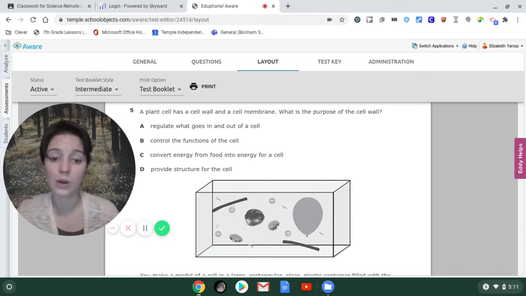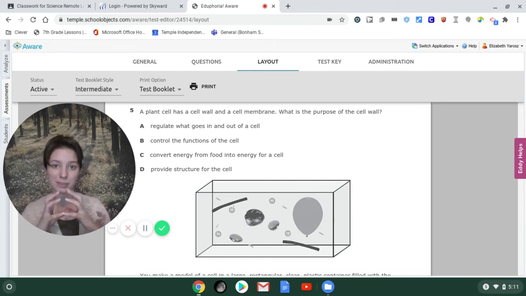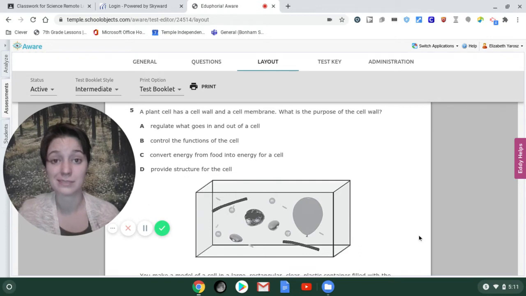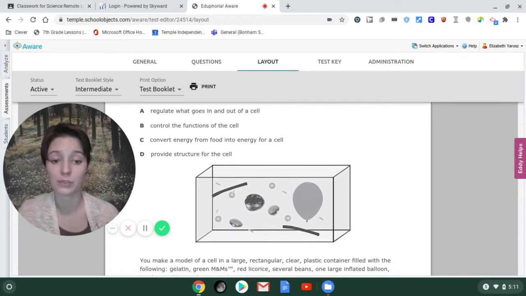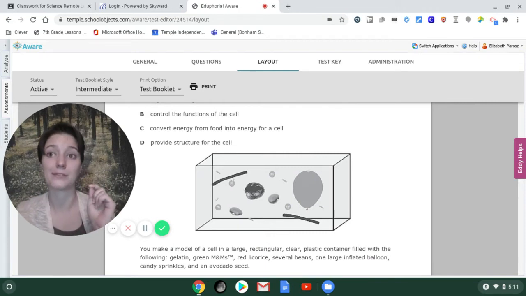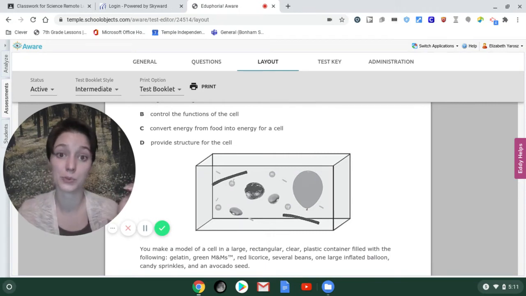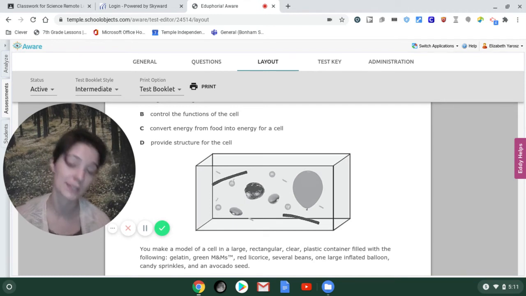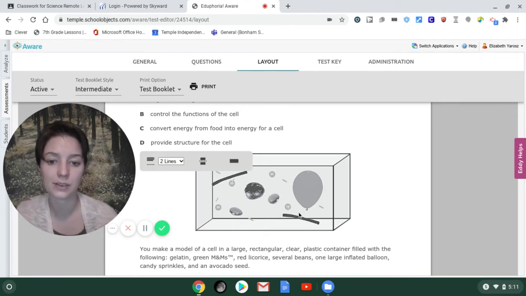The purpose of that large central vacuole is to inflate the cell and make it nice and full so it can stand up tall. When those vacuoles don't have enough water, the cell starts to shrink. And if a lot of cells in a plant start to shrink, that plant's going to start to wilt. So this balloon is our vacuole.